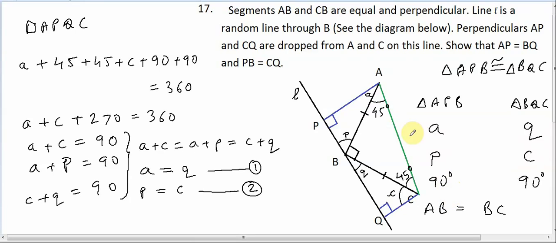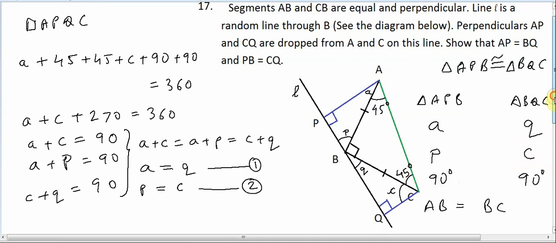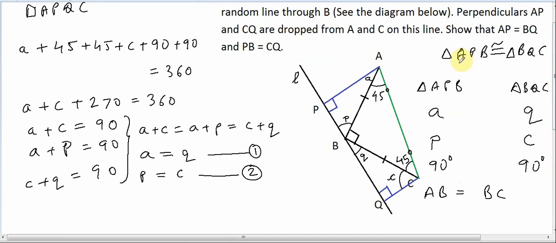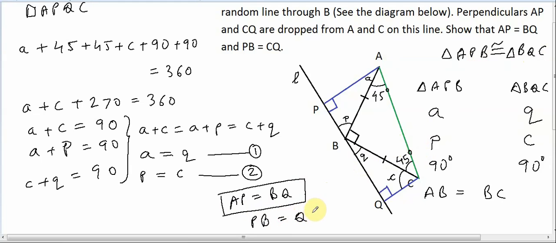Triangle APB is congruent to triangle BQC, and because triangle APB is congruent to triangle BQC, I can write AP is equal to BQ, and I can write PB is equal to QC.